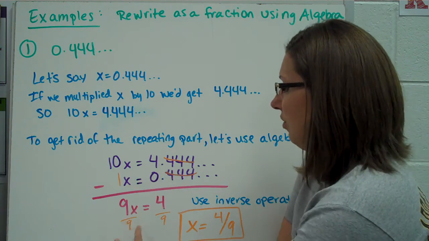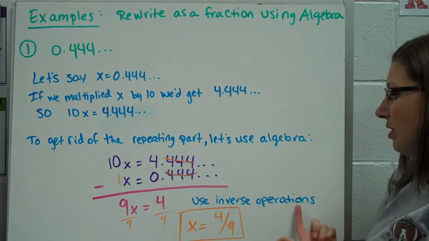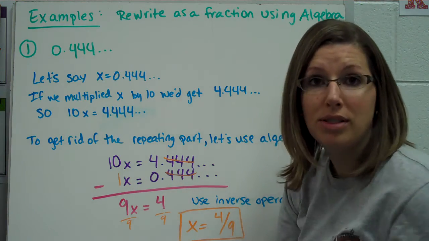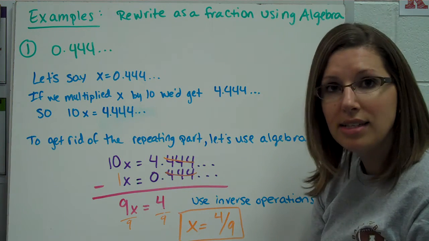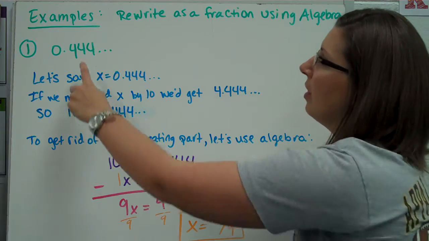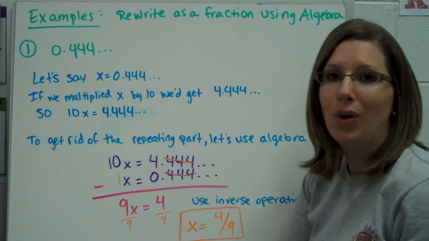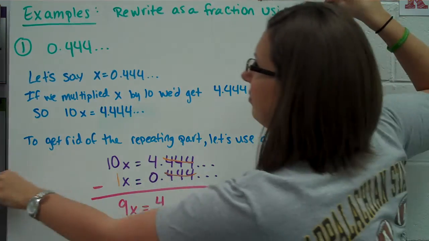So I'm just left with 9x equals 4. Now this is easy. All I need to do is use inverse operations to get x by itself, which means divide both sides by 9. And I figure out that 4/9 is my answer. So this repeating decimal is equal to 4/9. Done. Not so bad. Let's try another one.